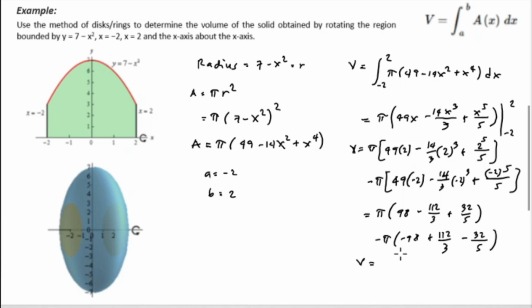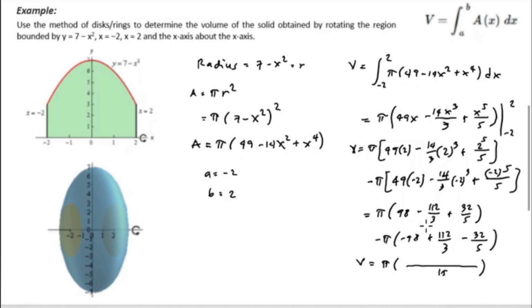And the volume is equivalent to, we have the least common denominator, 3 times 5 or 15, so this will be pi, and the least common denominator is 15.